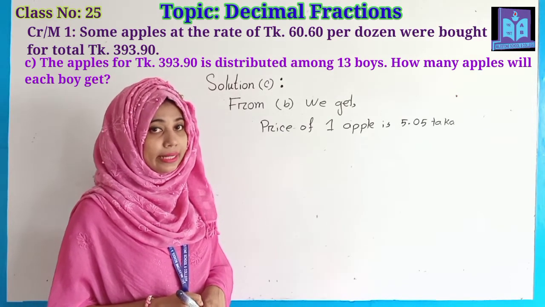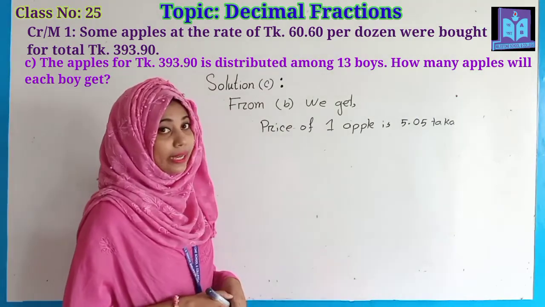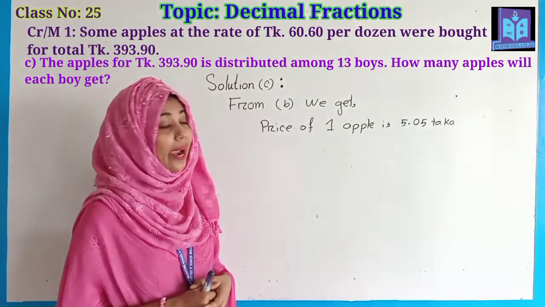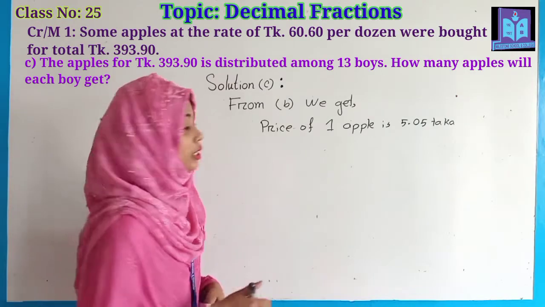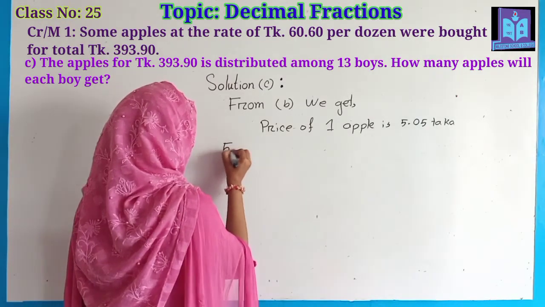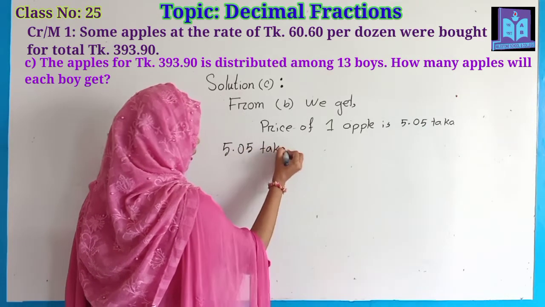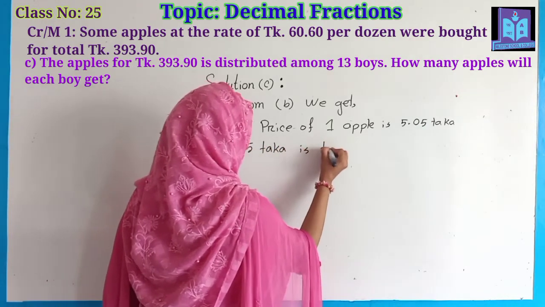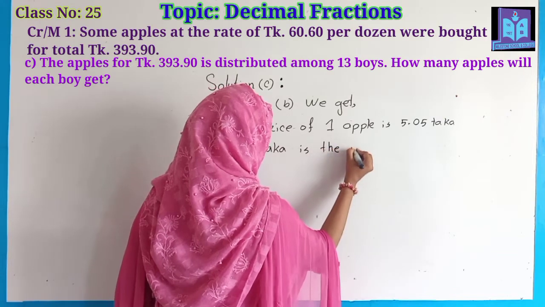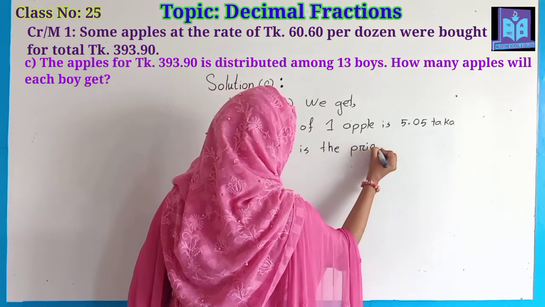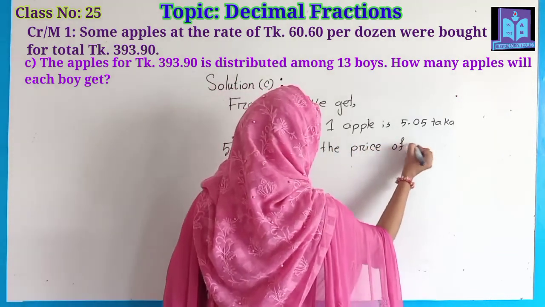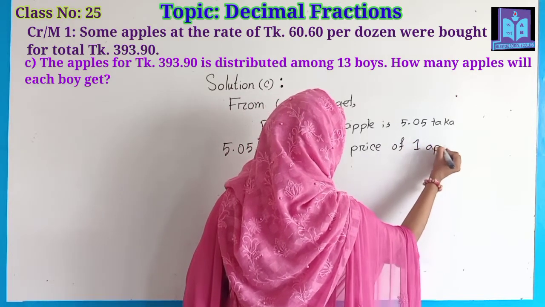So we will write this apple on our right side. Now we arrange this line. How can we arrange it? 5.05 taka is the price of one apple.